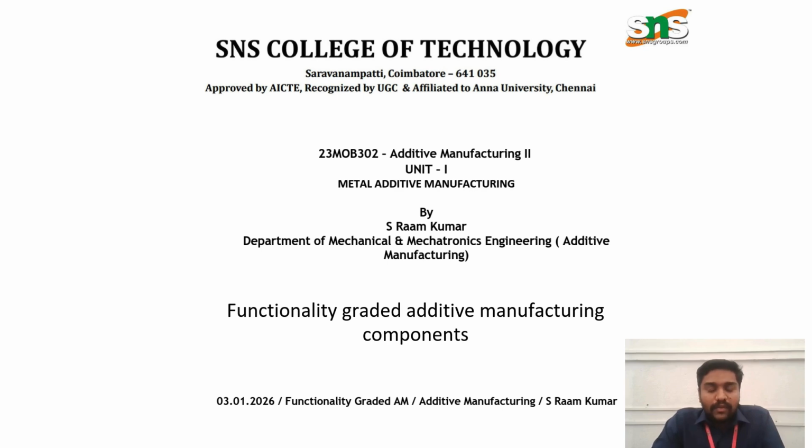So we can solidify, or we can convert into a molten stage, or without the molten stage we can modify any number of products with the help of the additive manufacturing process. So producing functionally graded additive manufacturing components is what we are going to discuss in this lecture.